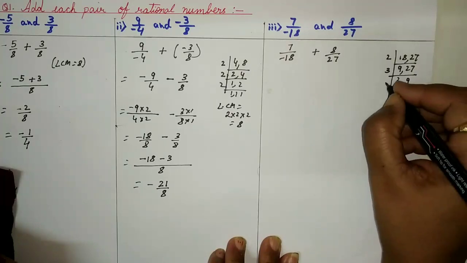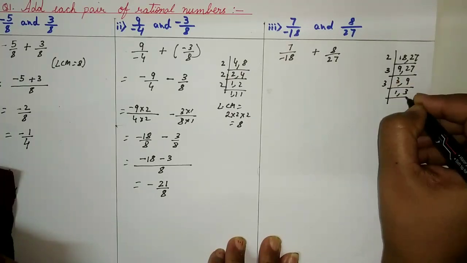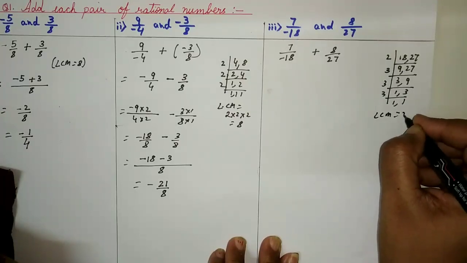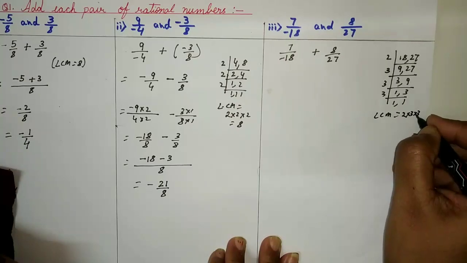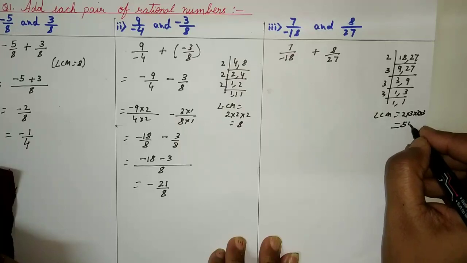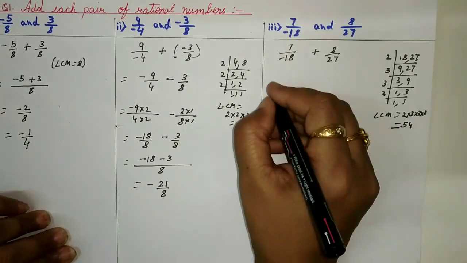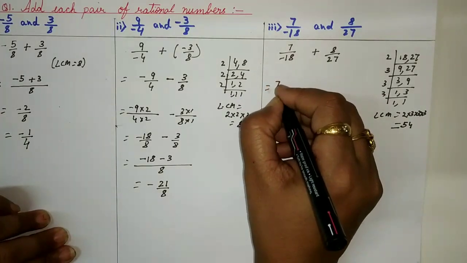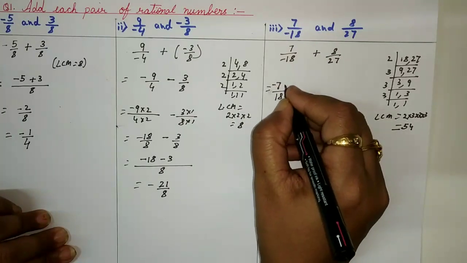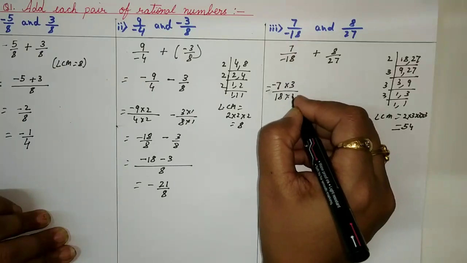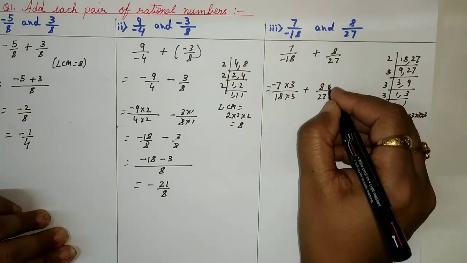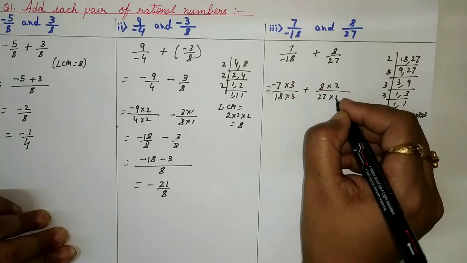3, 9, 1, 3, 1. So LCM is equal to 2 into 3 into 3 into 3 is equal to 54. Therefore, is equal to 7 minus sign by 18 into 3 into 3 plus 8 by 27 into 2 into 2.